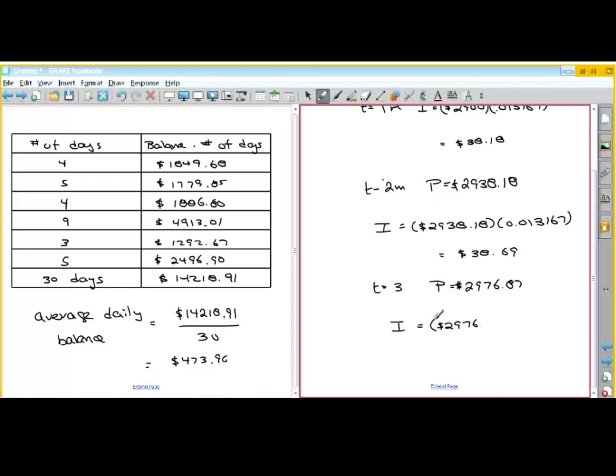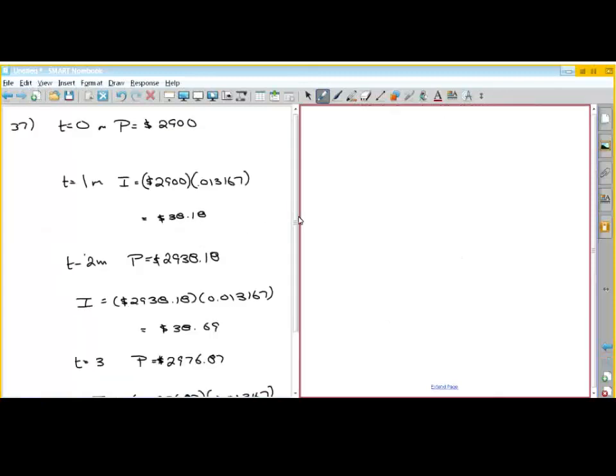So it's 2,976.87 times my same monthly interest rate. And it should be a little bit more. It went from 38.18 to 38.69. So what do we get? If you take the multiplication, we get 39.20. Okay, so that's the interest.